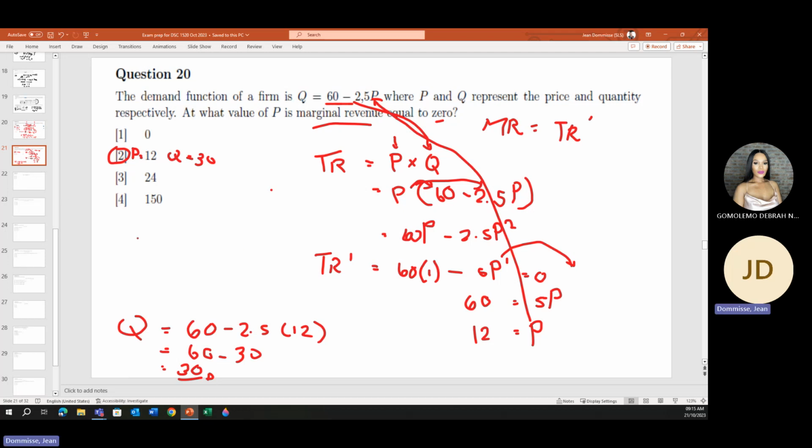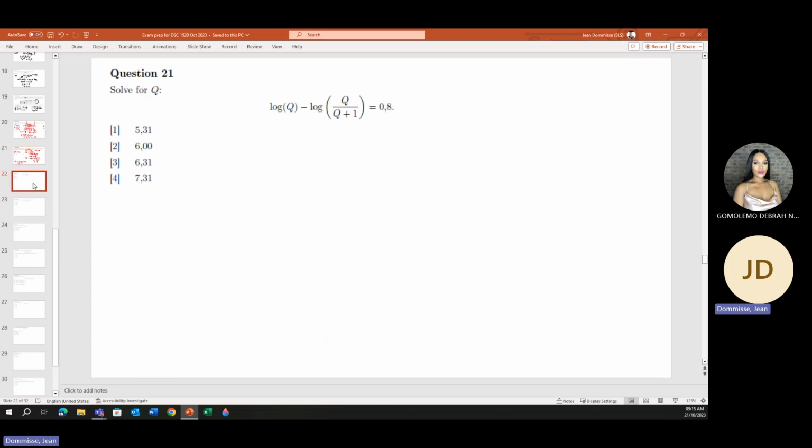Let's go into the next question. And now, again, you can see suddenly they take us even back now to study unit 1 or 2, where we needed to look at logs.